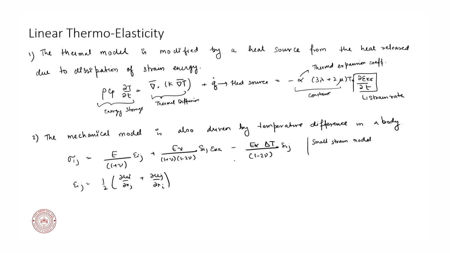We have this additional term, and that is due to the temperature gradient or temperature difference induced strain or stress effects, right. So, with this we can then develop our mechanical model around a temperature difference from our conservation of linear momentum.